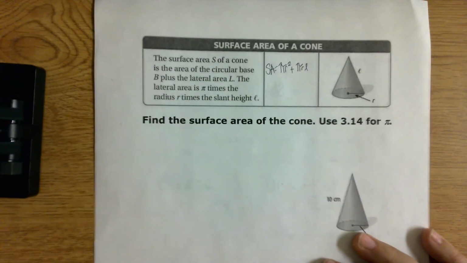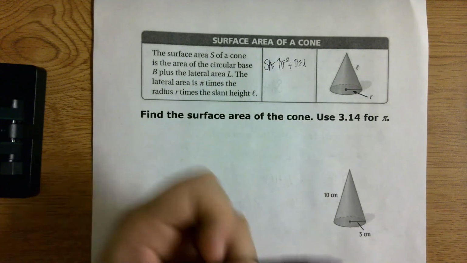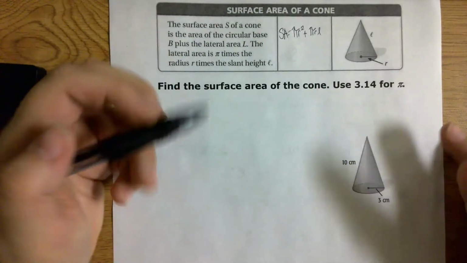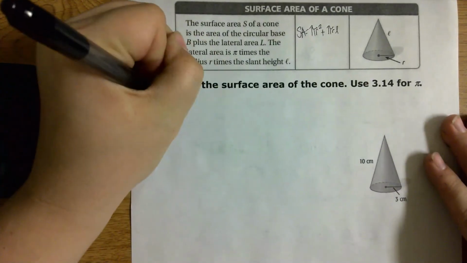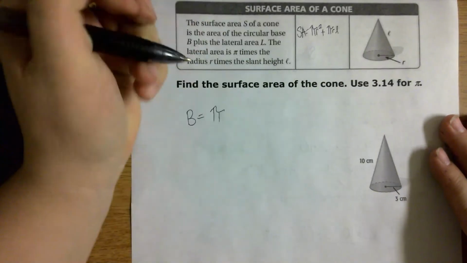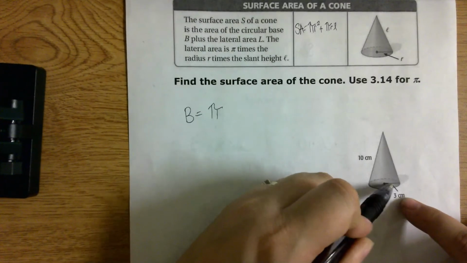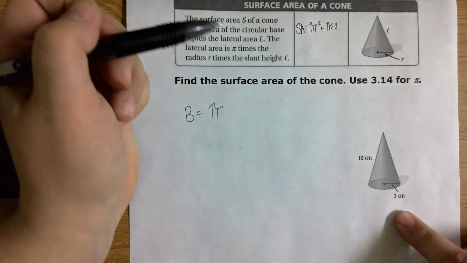All right. So when we're solving this, we come down here. We're going to have to find the area of the base, which is going to be pi times the radius squared. Make sure you're given the radius. This gives us the radius because I see it's only half of my circle.